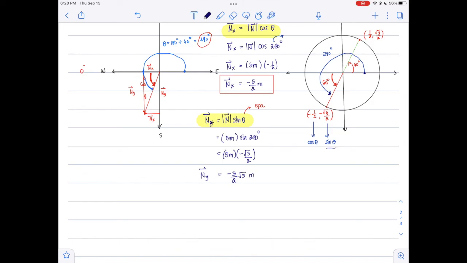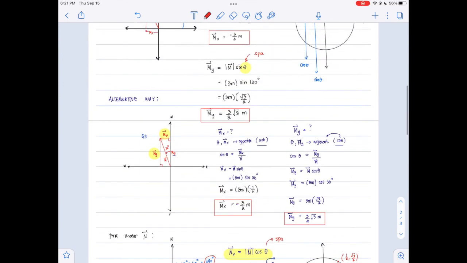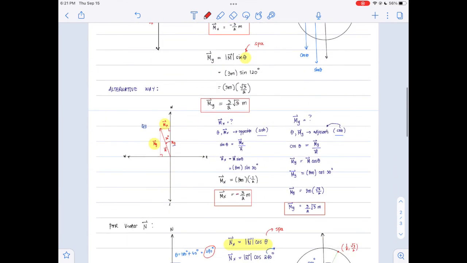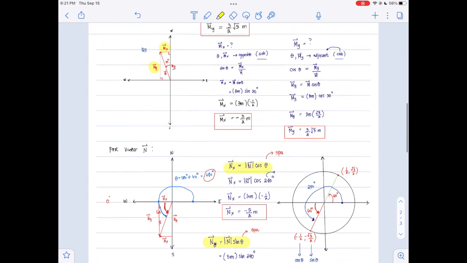No need for decimals, sir? I'm not looking for decimals. Okay, it's fine, we keep the square roots clean. Square root of 3. Okay, so we are done with step 1. Again, I am just highlighting the alternative way. If you like, class, try it to sharpen your skills. Try to solve for vector n using this alternative way.